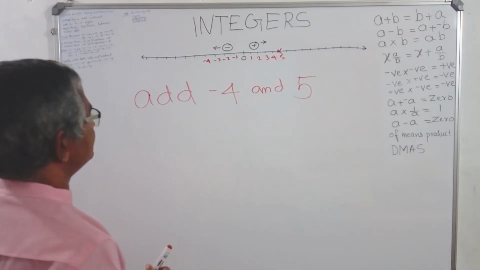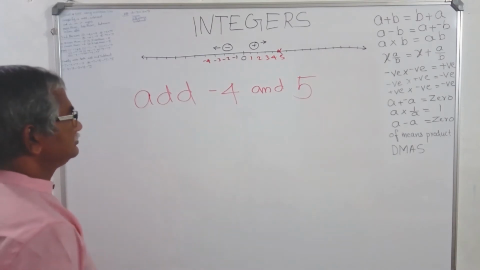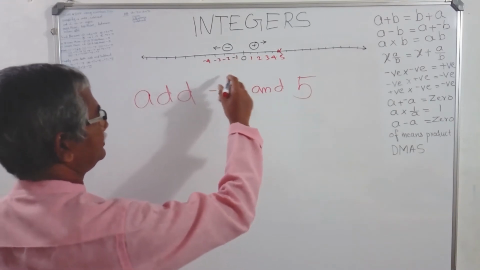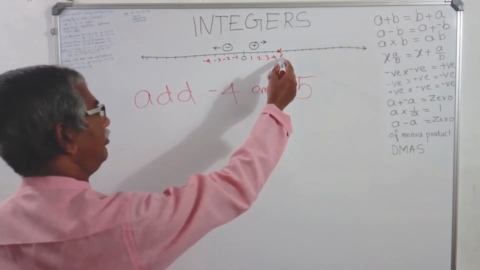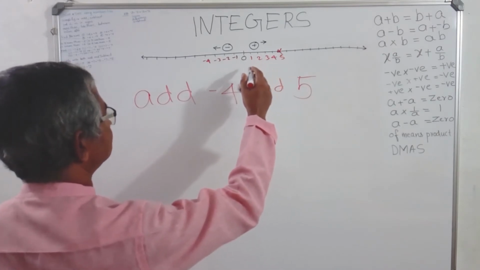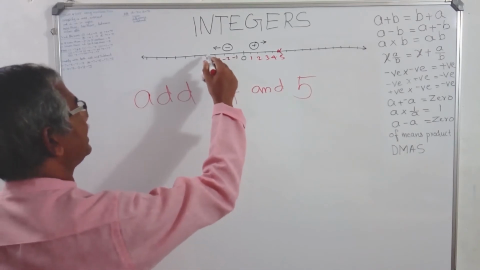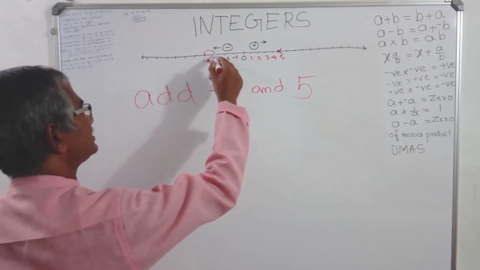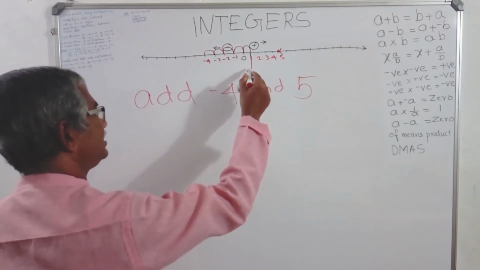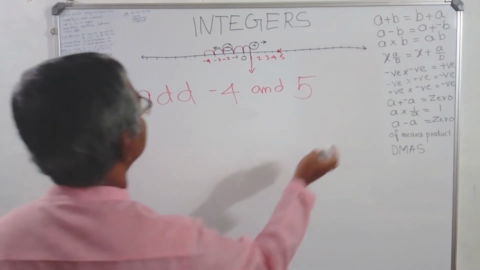How can we do it? -4 means less 4. Positive 5 means more 5. So when joining them together, if we start from -4, we can take 5 steps: 1, 2, 3, 4, 5. We are getting 1. I hope you can understand it.